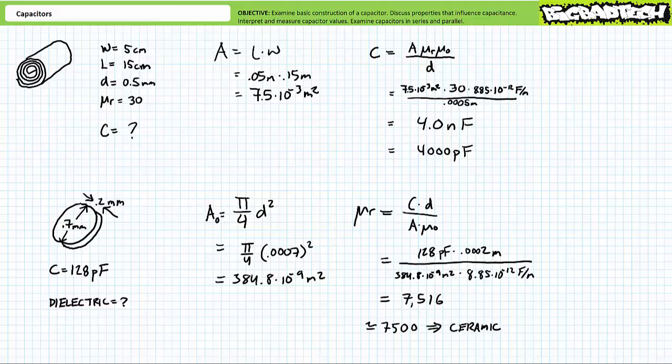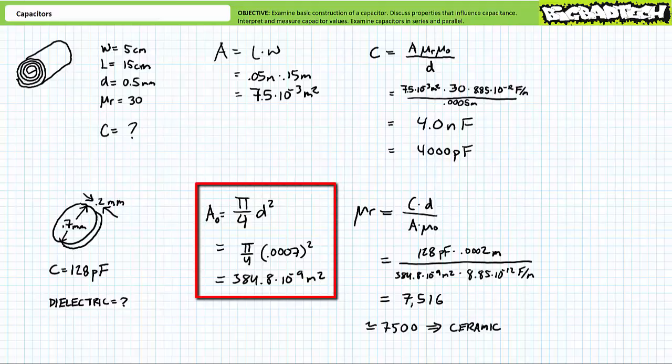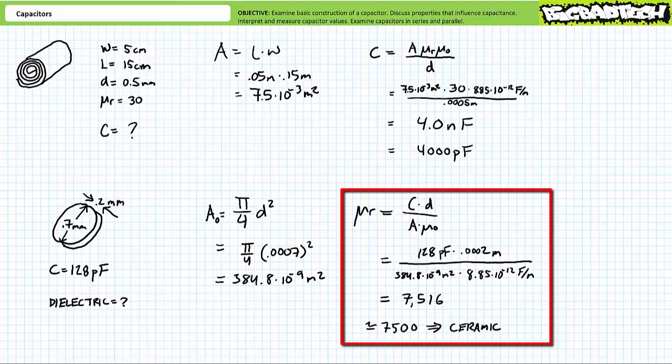If this capacitor has a diameter of 0.7 millimeters or 0.0007 meters, it has a functional surface area of pi over 4 times the diameter squared, or roughly 384.8 times 10 to the negative 9th meters squared. Substituting our given values into the algebraic rearrangement, we arrive at a relative permittivity of 7,516. Most likely, some type of ceramic is being employed as the dielectric of choice for this capacitor.